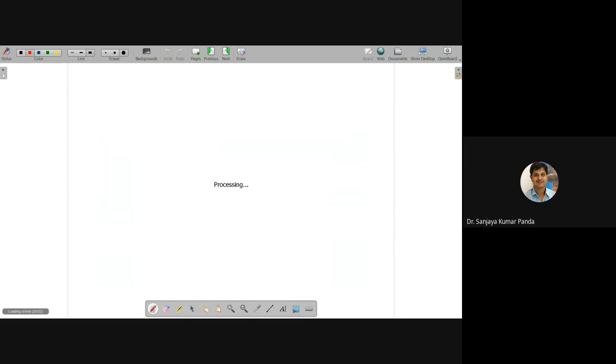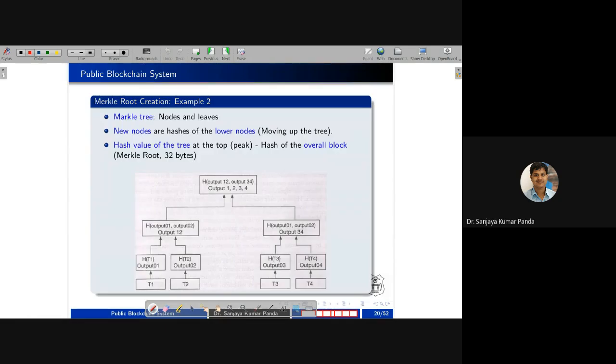Here is another example where the idea will be clearer. You can see it is represented just like a tree. We have a set of nodes and we have leaves, and the leaves are nothing but your transactions. Once you proceed from the bottom of the tree to the top, you will see multiple hashes.